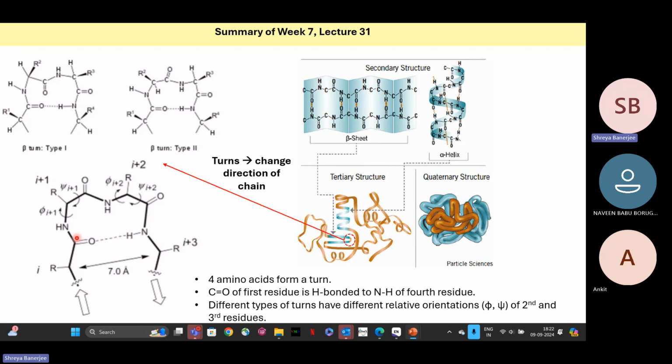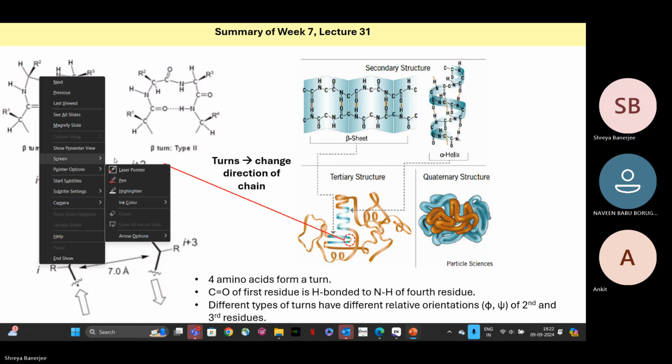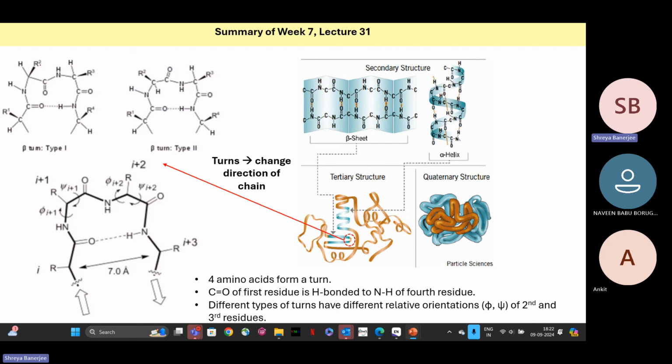The turns can also be of different types depending on the torsion angles of the residues. We will look at the different torsion angles in some time. But you can see here there are two types of turns shown. The first residue is the same in both the turns. In the second residue, this carboxyl is pointing down and this carboxyl is pointing up. So this is a main change.